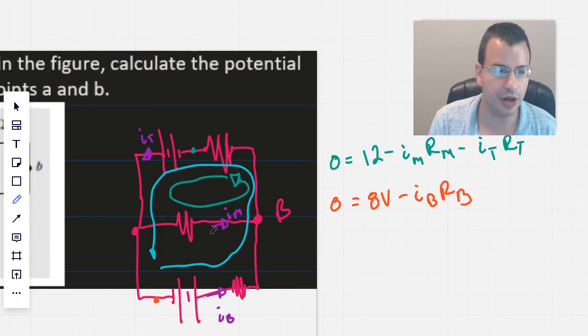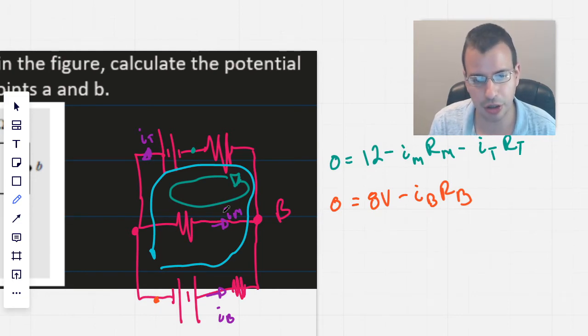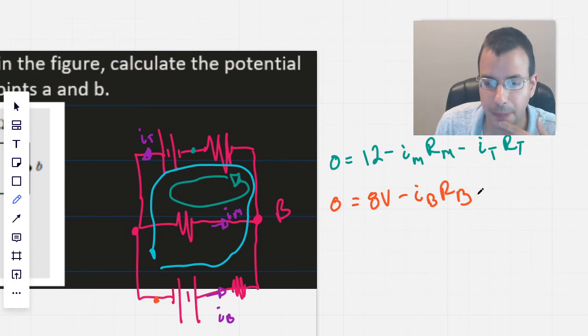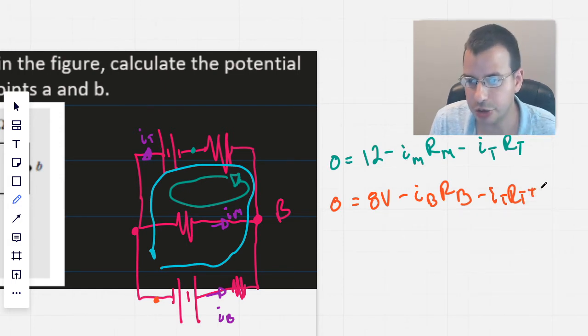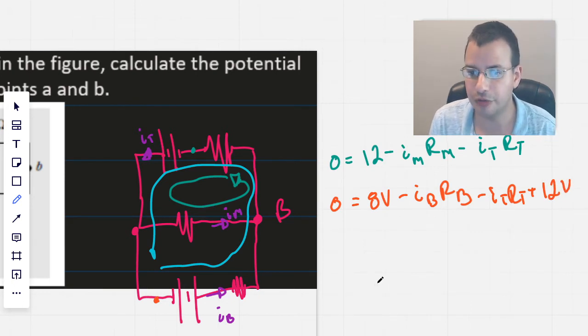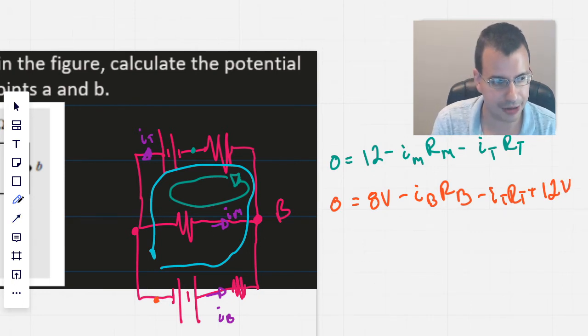If your loop goes the opposite direction of the current, instead of minus, you just do positive. Plus, minus I top, R top, and then we're going through another battery, so we have a voltage gain of 12 volts. And you can see these are all voltages added together.